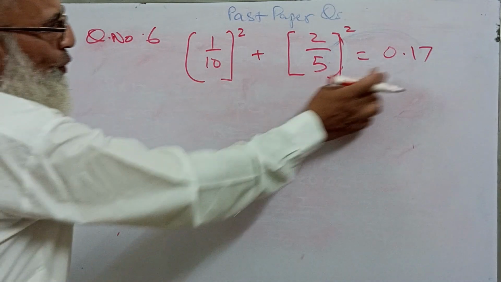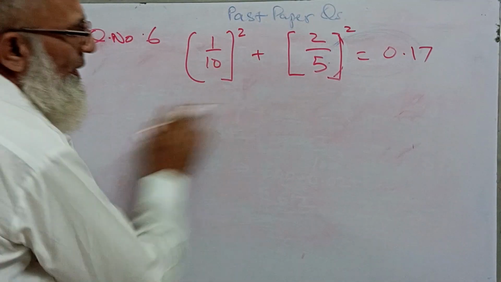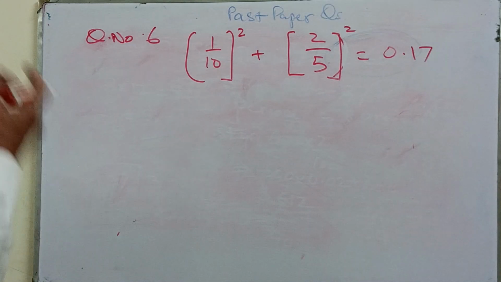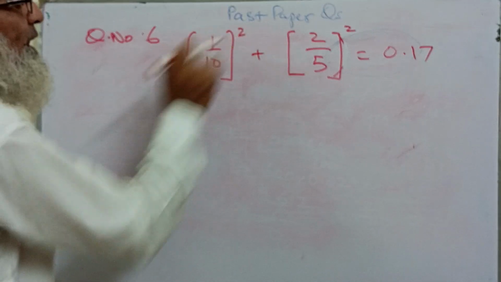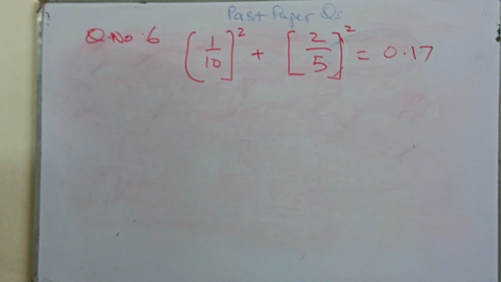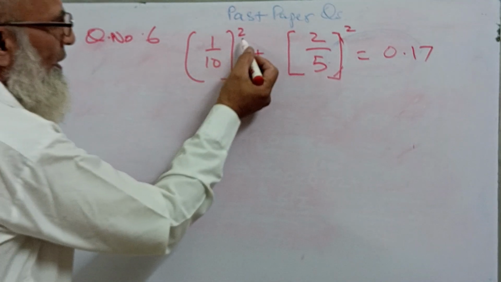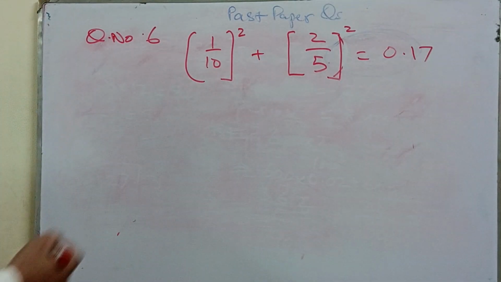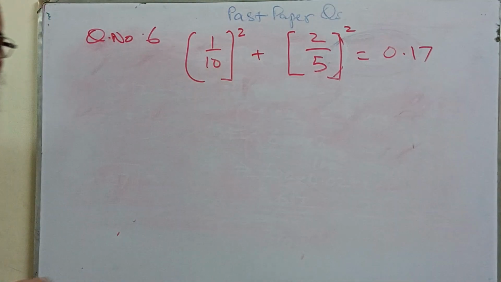Now I have to prove that this left hand side is equal to the right hand side, and I also have to show my working. So you know, when a power has been applied upon a whole bracket, everything in the bracket will be raised to this square, or whatever the power is.